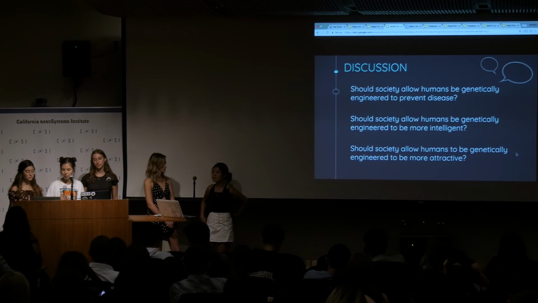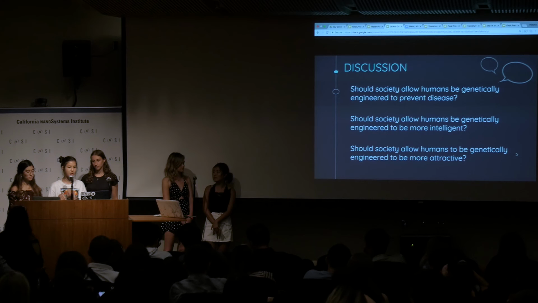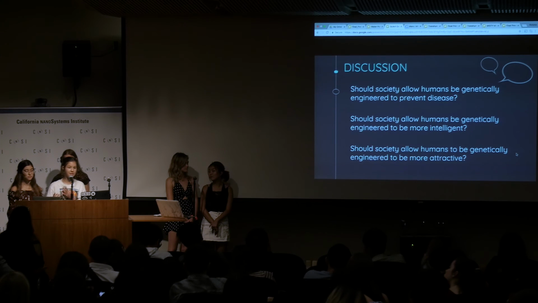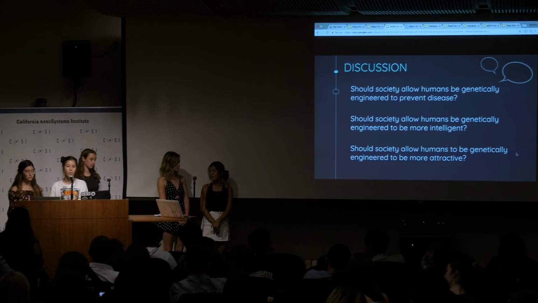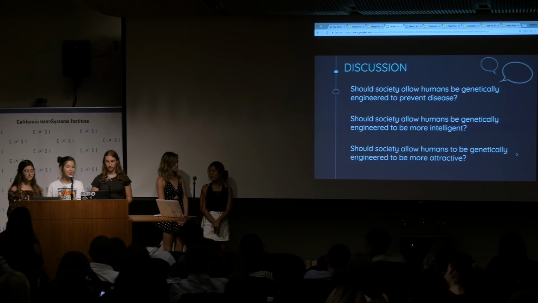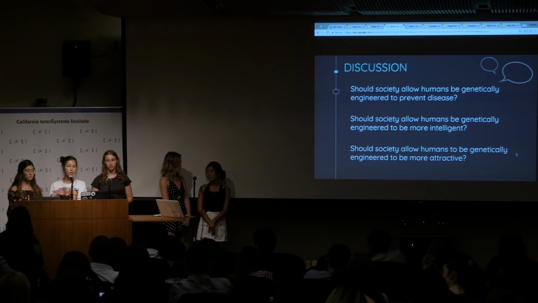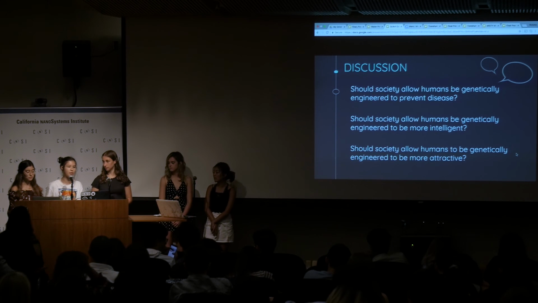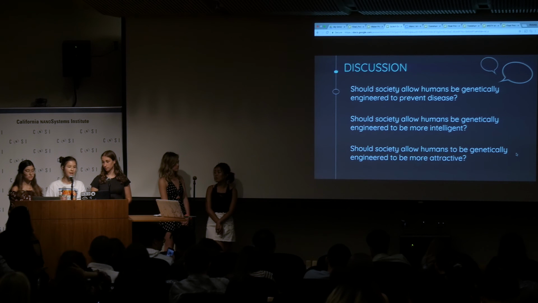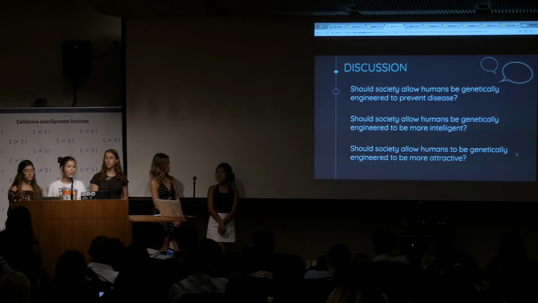So while most people will agree that genetic engineering should be used to cure disease and all of that stuff, at what point does it become too much? More people will disagree that genetic engineering should be used to make people more intelligent, and then even more will disagree that it should be made to make people even more attractive. So it's up to you to decide what exactly you value and how you think that this technology should be used.